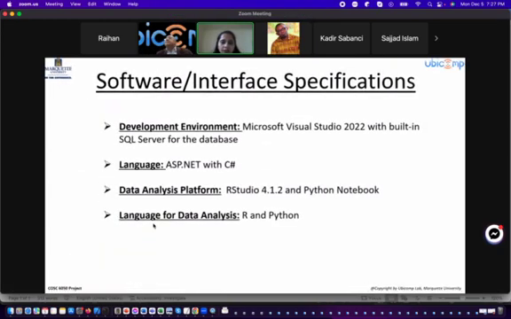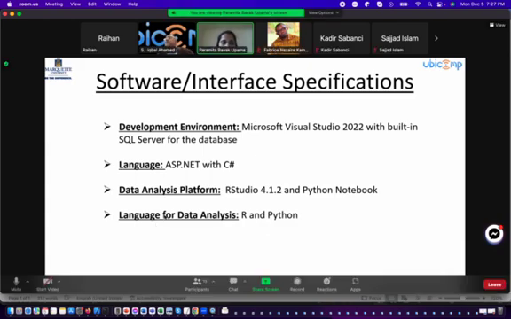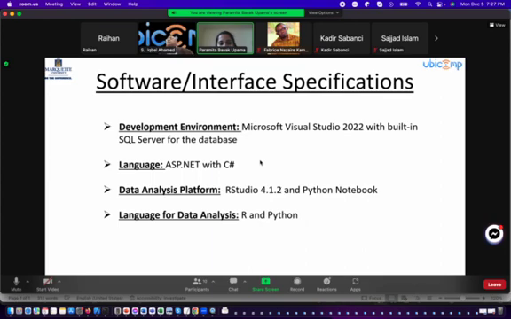In the software specifications, we will show the demo, and you will see that we have developed our software interface inside Microsoft Visual Studio 2022, and the SQL Server, which is built inside it, is the database for our software. The language we have used is ASP.NET with C Sharp. For the data analysis, we have used two kinds of languages, R and Python.